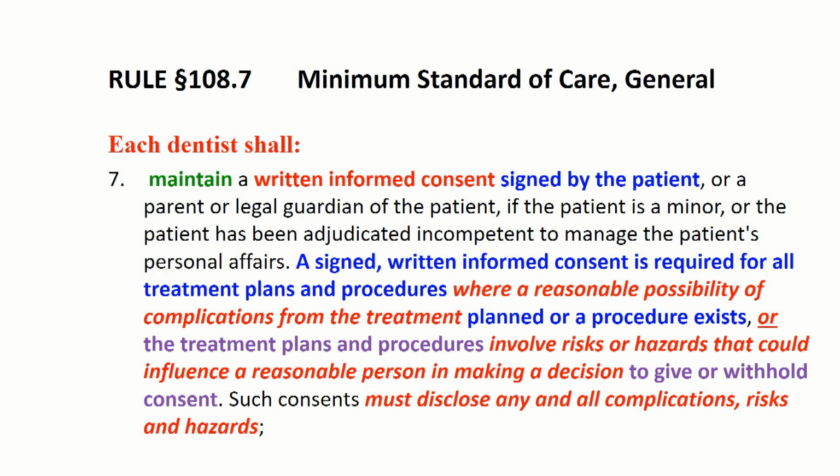And you may actually present and get approval of that treatment plan on January the 15th, but for whatever reason you cannot begin treatment until January the 30th. And so the patient comes in for those extractions on January the 30th. They are given an informed consent that they signed back on January the 15th and dated January the 15th when they were presented the treatment plan.